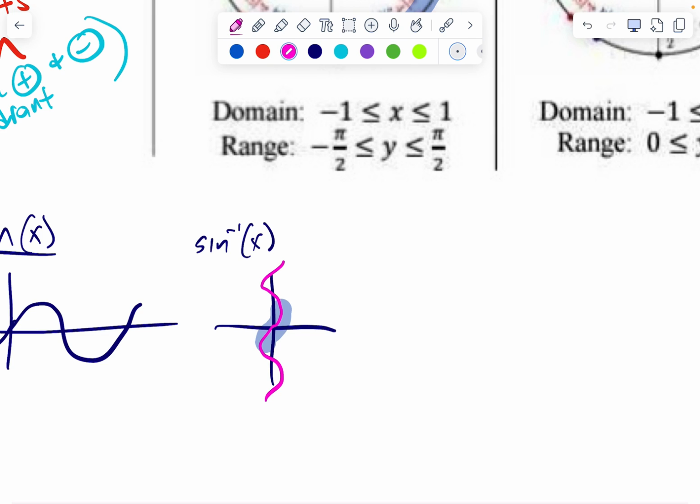Otherwise, do you see how it cycles back and now we're no longer a function? But if we just cut right there to right there, it never repeats. It never has a secondary output value. Are we good with that? Okay. So this is what we're talking about when we say negative 1 to 1.